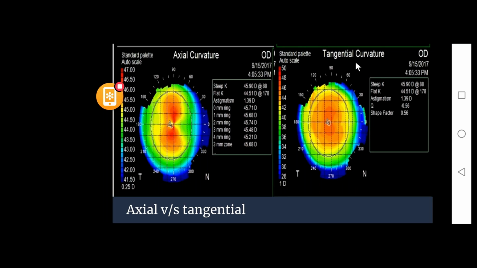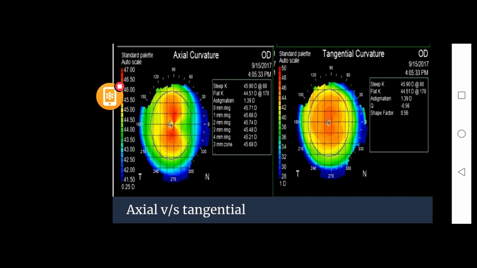Whereas on the other hand, the tangential curvature. Now, tangential curvature is like a private tutor. Okay, what a private tutor does is keep one-to-one conversation and one-to-one attention on all the students. It does not matter where the student is sitting. It does not matter whether the student is sitting on the first bench or on the last bench, close to the teacher or away from the teacher.